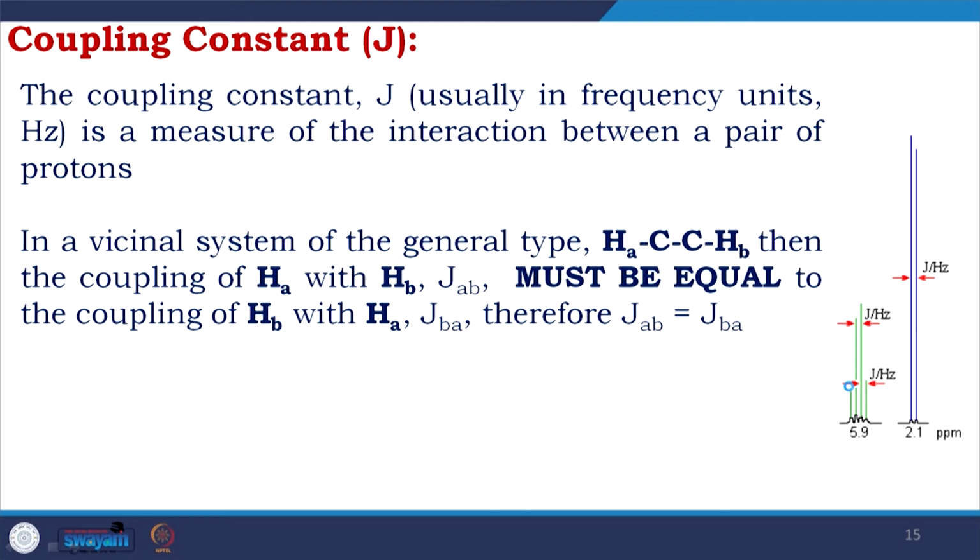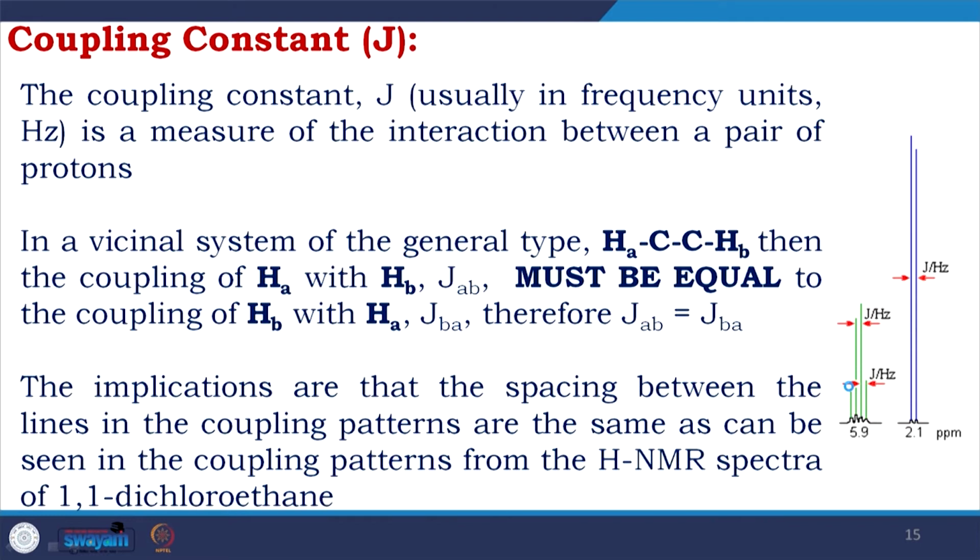So the rule is JAB equal to JBA. The implication is that the spacing between the lines in the coupling patterns is the same, as can be seen in the NMR spectrum of 1,1-dichloroethane. Because of this condition, the coupling pattern is the same.